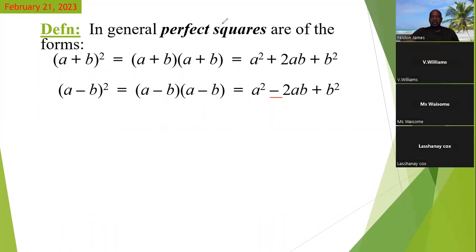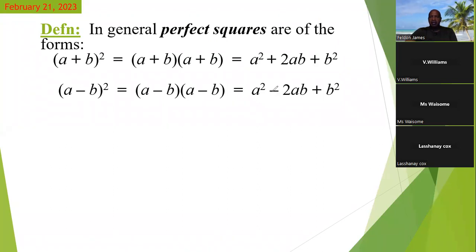Now, the key features of the perfect square are that from the factor form, if there's a plus in the middle, then in the expanded form, the middle term must also be a plus. From the factor form, if there's a minus sign between the binomials, then the expanded form middle term is also going to be negative.